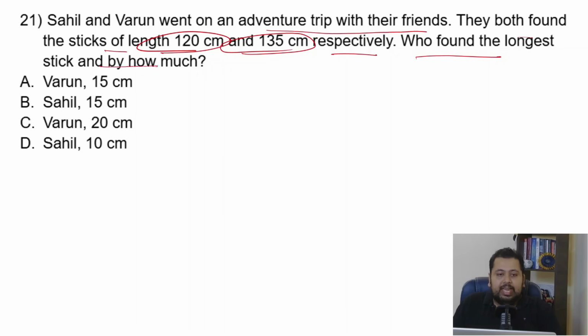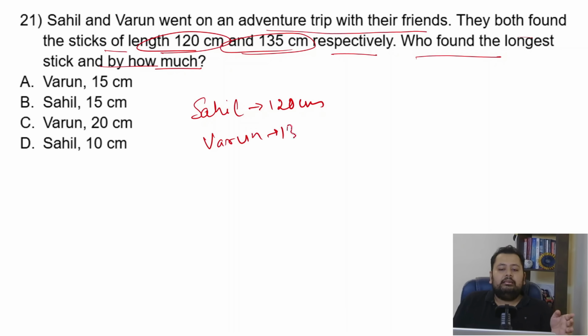Who found the longest stick and by how much, right? Very simple question. When you go on an adventure trip, you carry a stick. So Sahil has 120 centimeter, correct? And Varun has 135 centimeter.